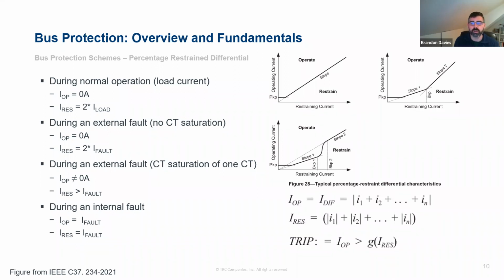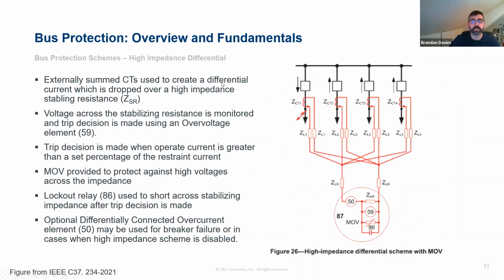All right, well, we're going to move on to high impedance differential, which is the last type of bus differential protection that we're going to cover. It operates on a fairly different principle of how you set the relay and the operate quantity that you're looking at.